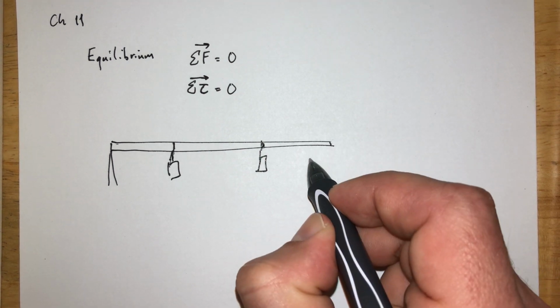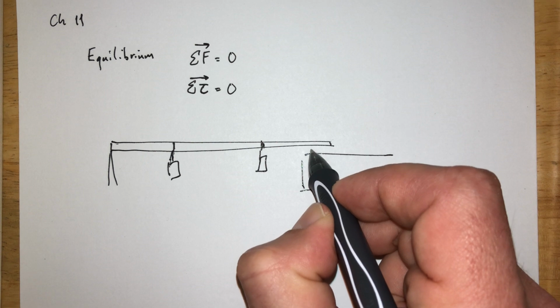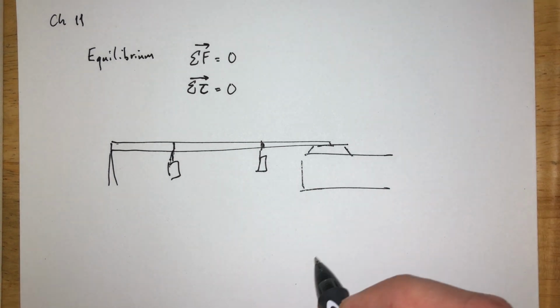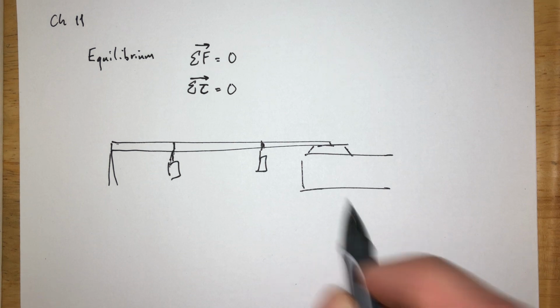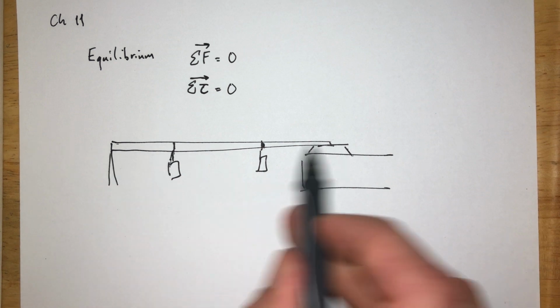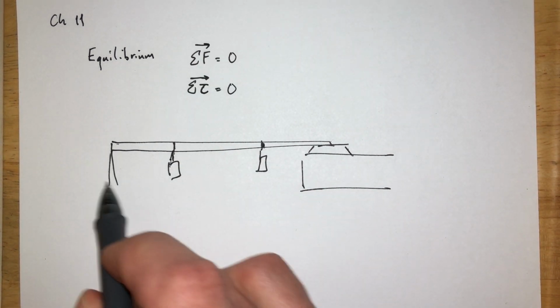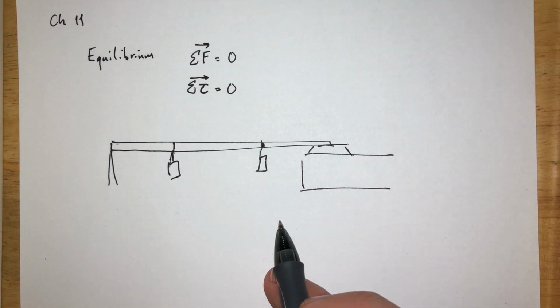And then this end will be supported, a stack of something here, on our digital balance scales. So we've got it level and at rest. It's not rotating and it's not accelerating linearly, which means the system that you're talking about is in equilibrium.